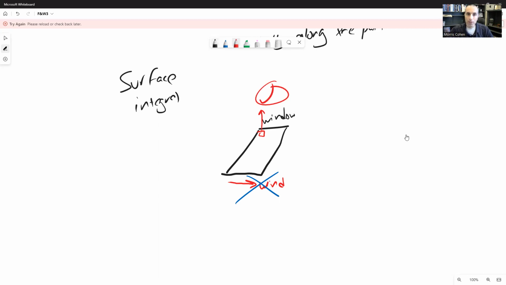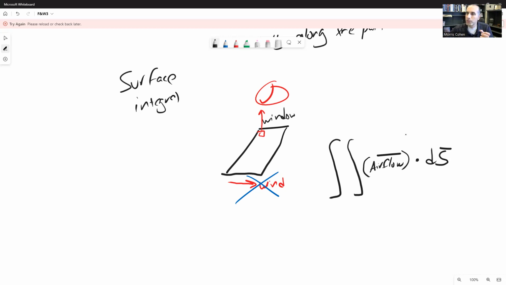So the way we might set this up is with an integral. And because this is a two-dimensional integral, I'm going to put two different bars here. And we're going to have some measure of airflow as a vector. And we're going to take a dot product with dS.